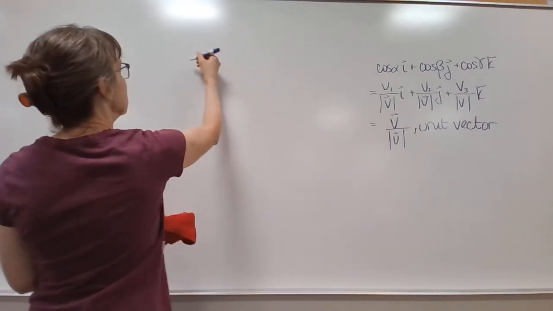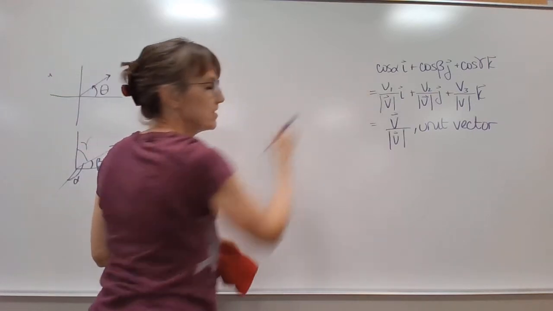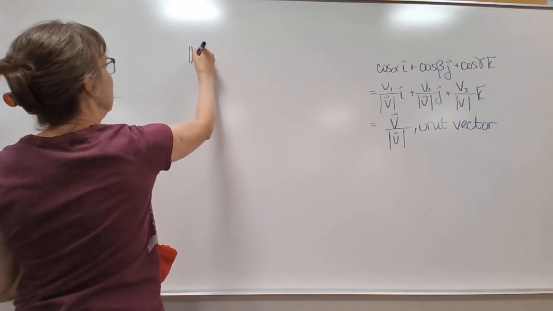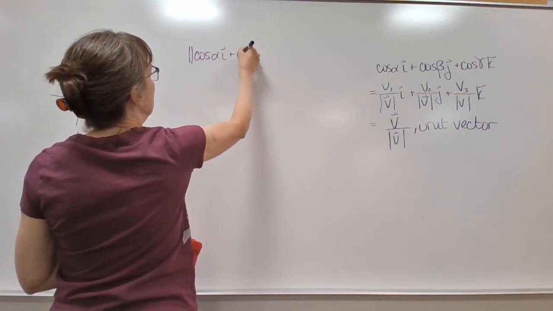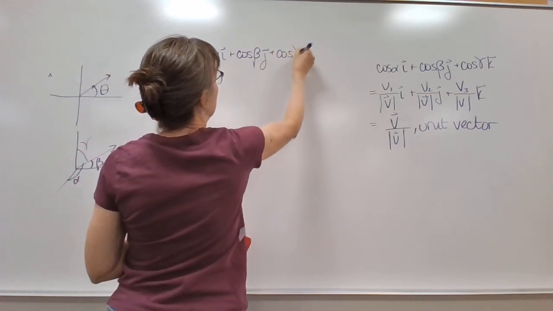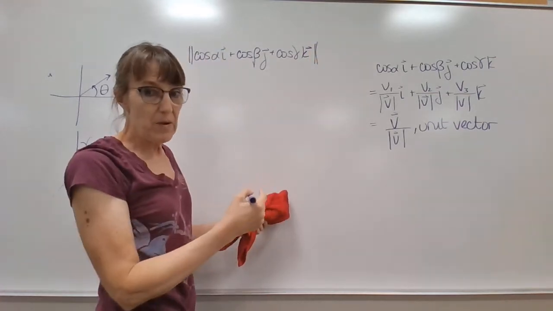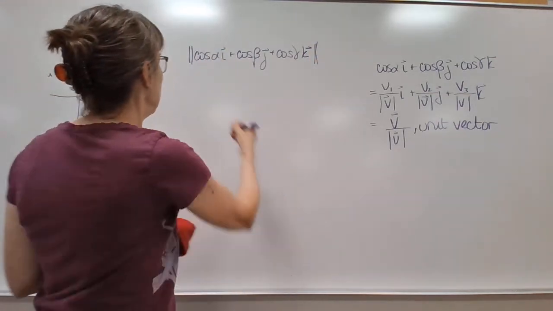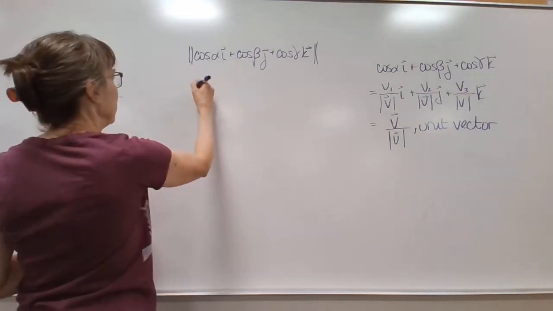Which means the magnitude of this top line here, we'll find the magnitude of that the way we find the magnitude of any vector, which is by squaring the components and taking the square root.